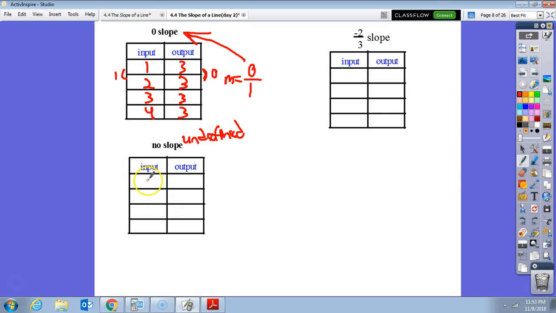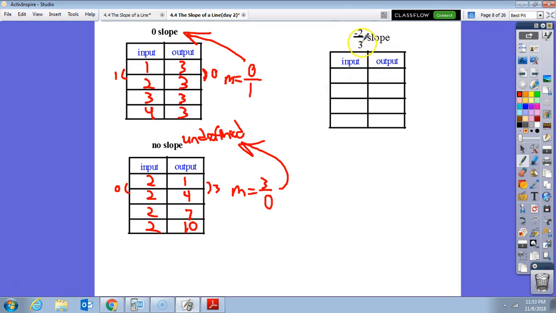So you would have something like 2, 2, 2, 2, and 1, 4, 7, 10. Change in y is 3, but change in x is 0. That means my slope would be 3 over 0. I can't divide by 0, so it's undefined.